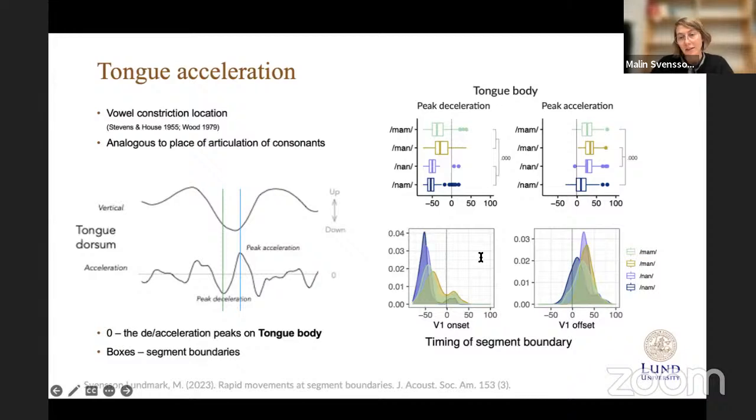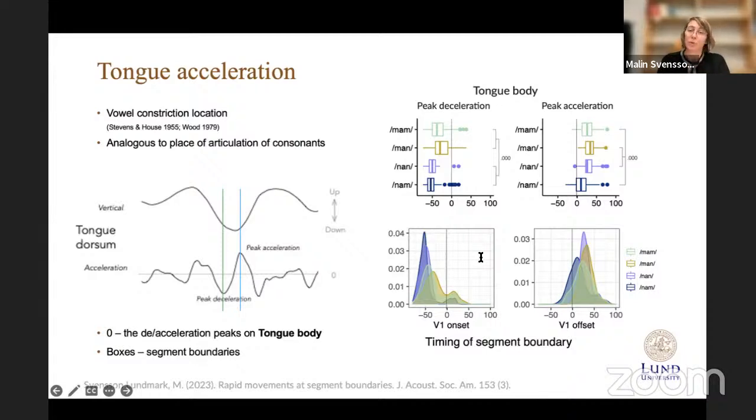And at offset, the acceleration comes earlier than the segment boundaries, the boxes. This tells us that the tongue body acceleration peaks of this constriction of the tongue body are not related to the duration of the vowel segment. Instead, the duration of the vowel segment is much longer. It's about 60 to 80 milliseconds longer than this tongue posture interval.